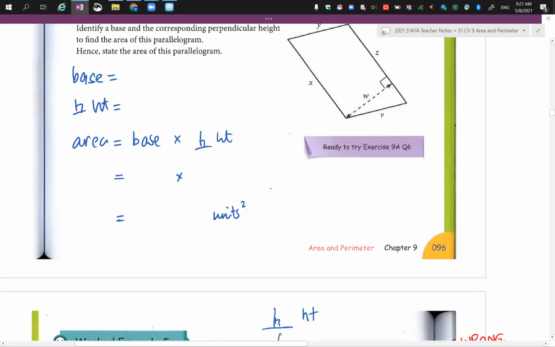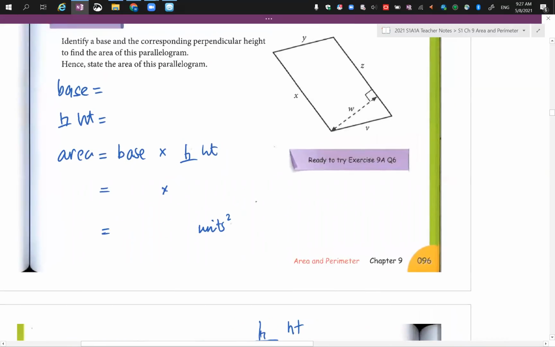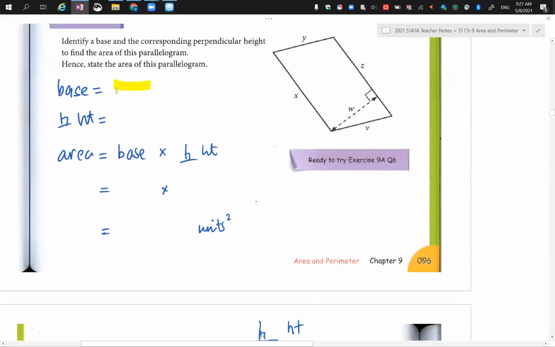Are you able to fill in the blanks? All the highlighted parts, I need you to fill in with something. What is it going to be?